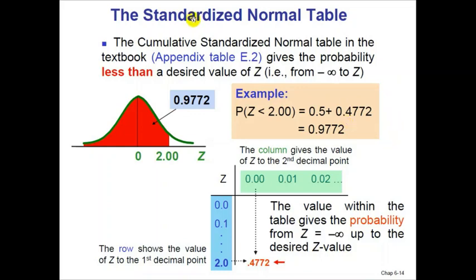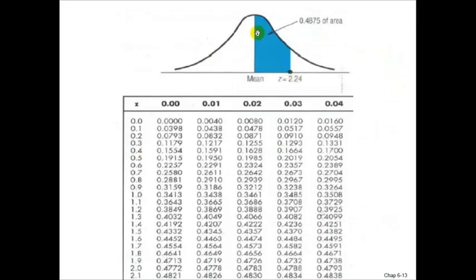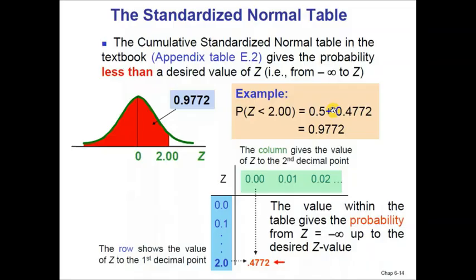The cumulative standard normal distribution table in your textbook gives the probability less than a desired value. But in your scenario, you need to learn how to read this part for a positive value, because in your final exam, you will be given this normal distribution table.